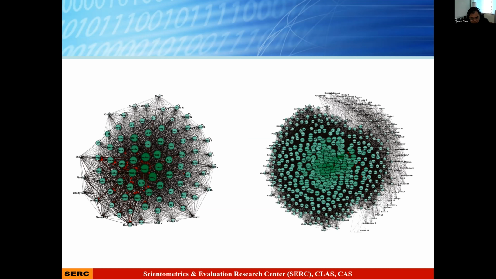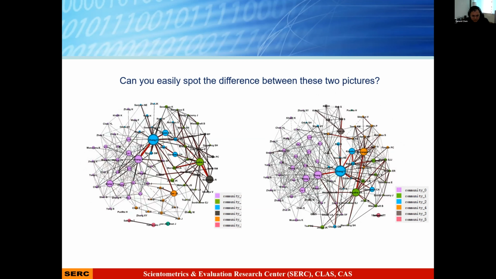So we have to use some method to answer this question: which has closer collaboration, which network has a condensed density. From this network, we still cannot spot the difference between the two pictures, so we have to do some computing work.